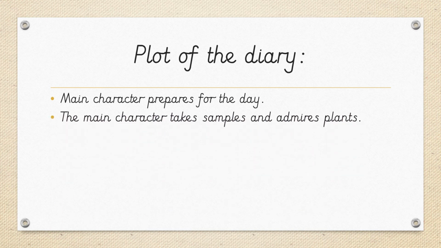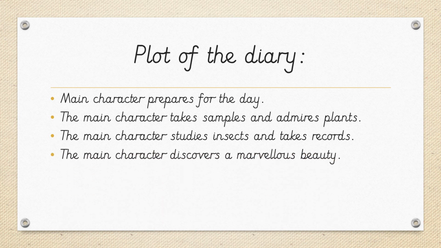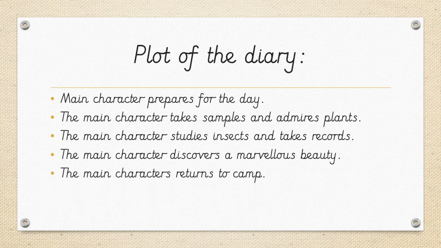The main character takes samples and admires the plants. The main character studies insects and takes records. The main character discovers a marvellous beauty. That was the plunge pool area. And the main character returns to their camp.